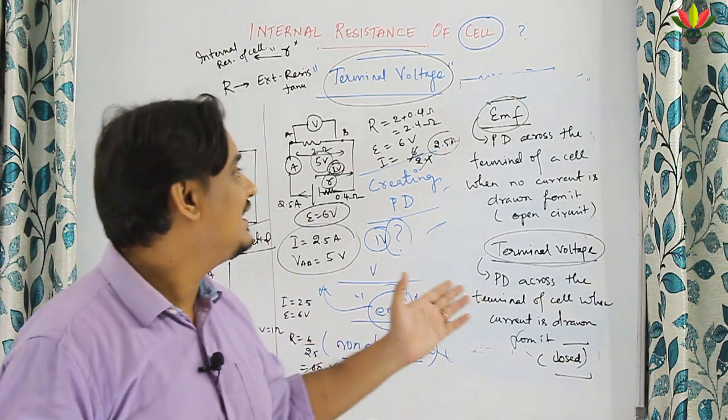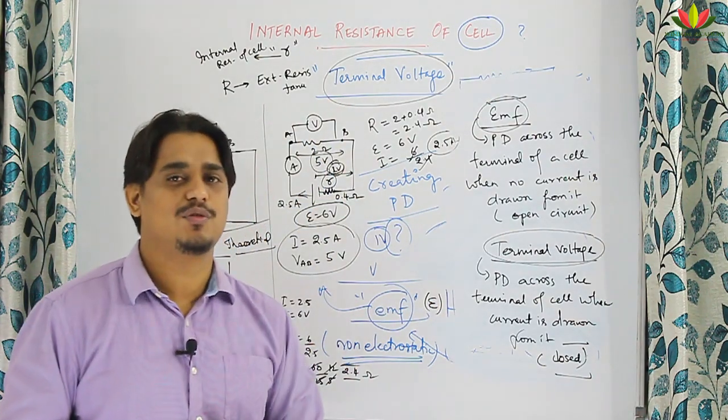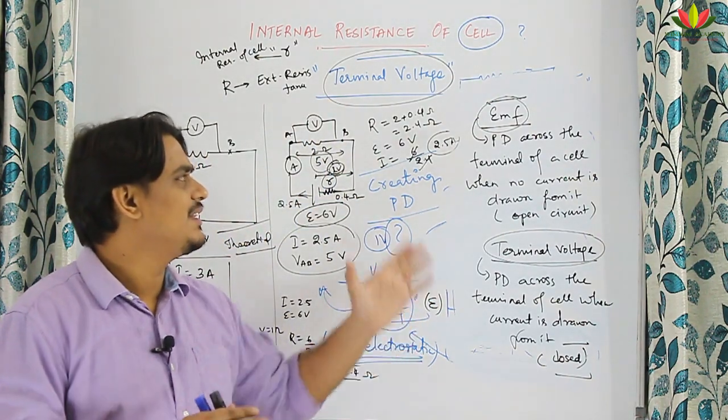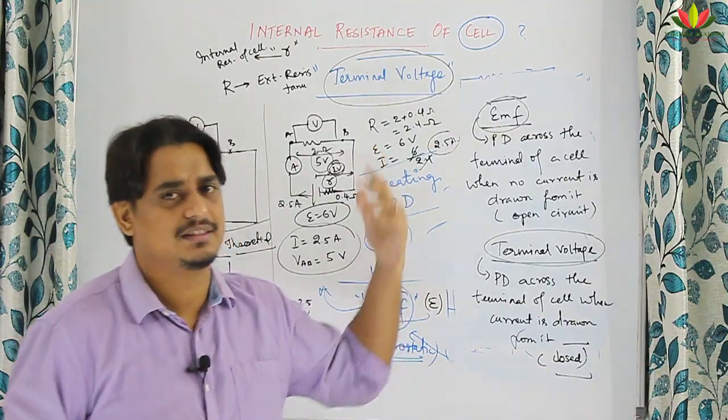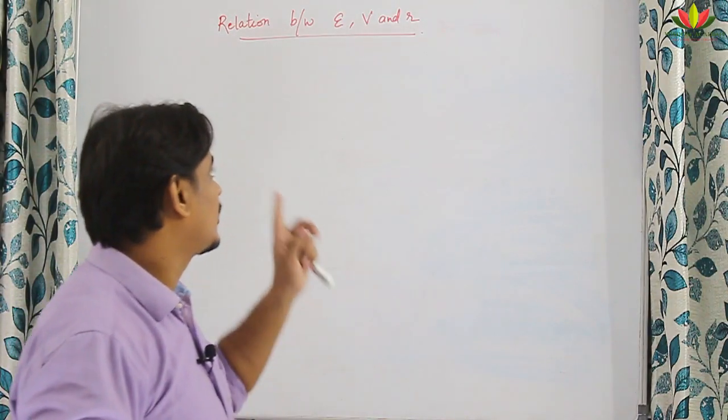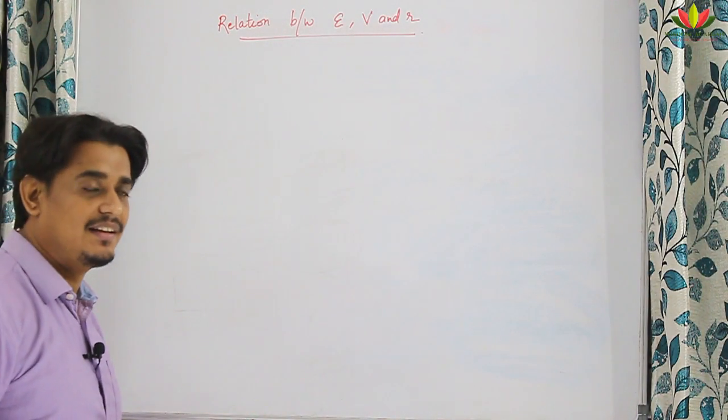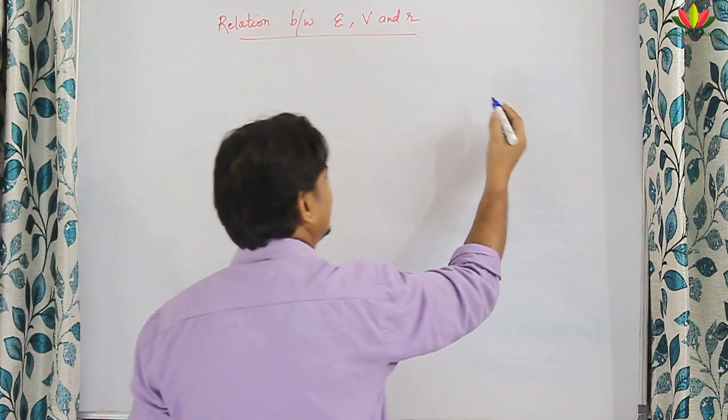So, now I will find the formula of electromotive force and I will draw a relationship between EMF, terminal voltage and internal resistance. For deriving the relationship between electromotive force, terminal voltage and internal resistance, I will just take the same example.